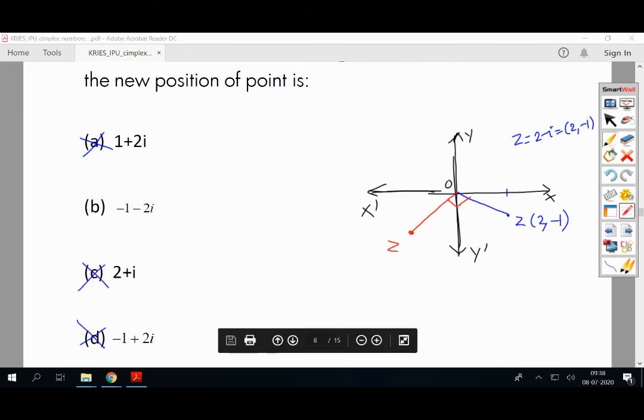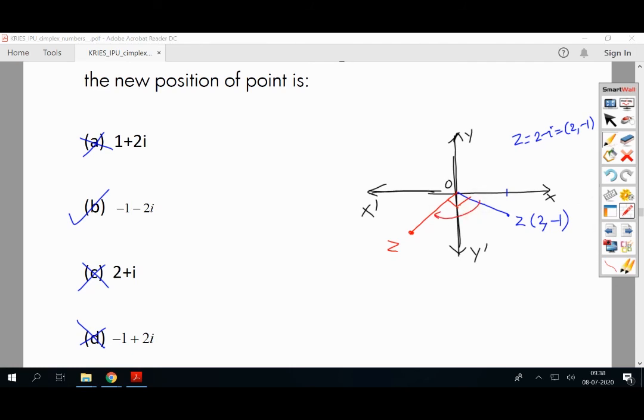Otherwise, if you have to do it regularly, you are rotating this in the clockwise direction through an angle of 90 degrees. Therefore the angle is going to be -pi/2, a negative angle. So here you have the original z, it is 2 - i.